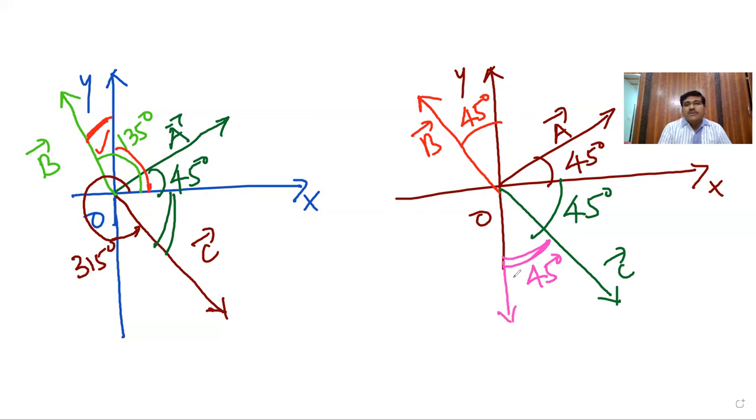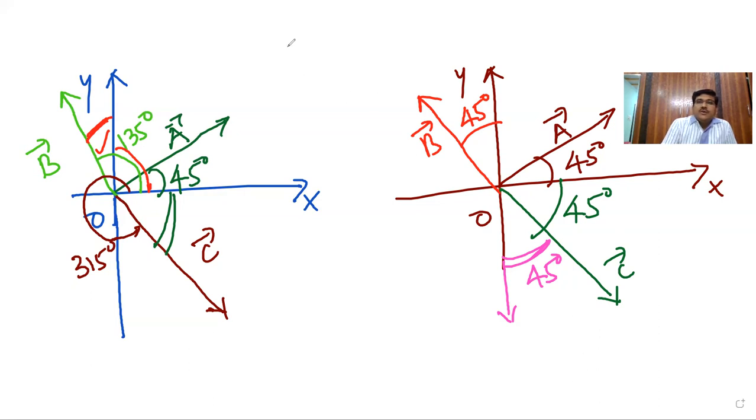C bar again is making 45 degrees. With respect to y-axis and x-axis, both are 45, 45. All are 45 degrees, either with respect to x-axis or y-axis. Clear?